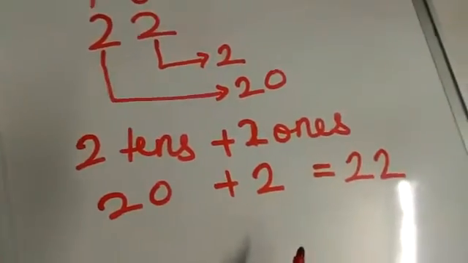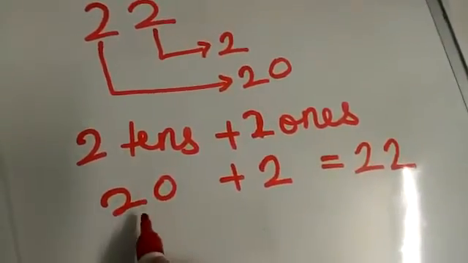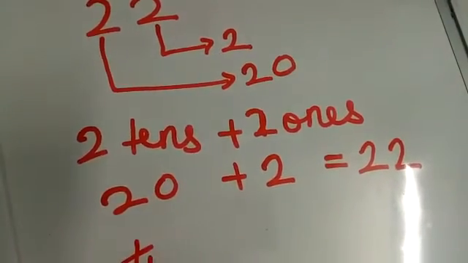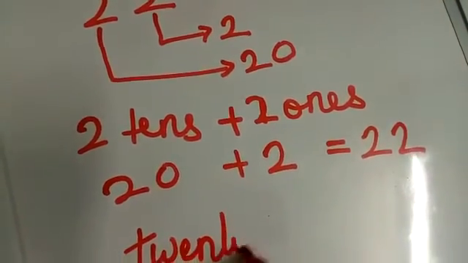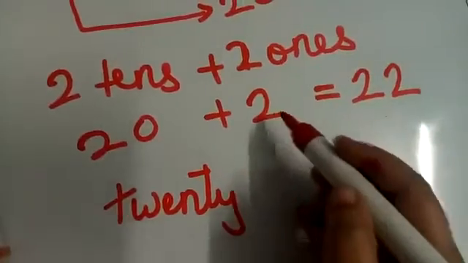How are you going to write the number name? 20 and 2.